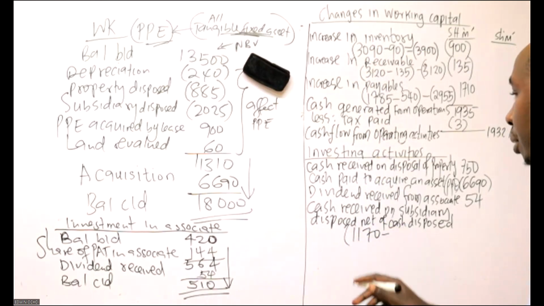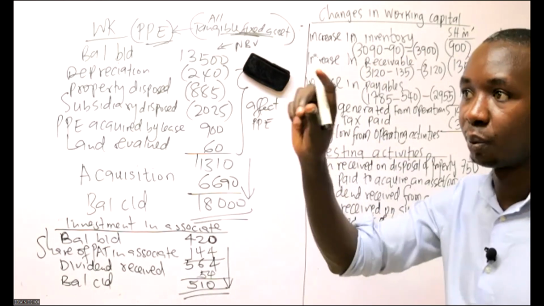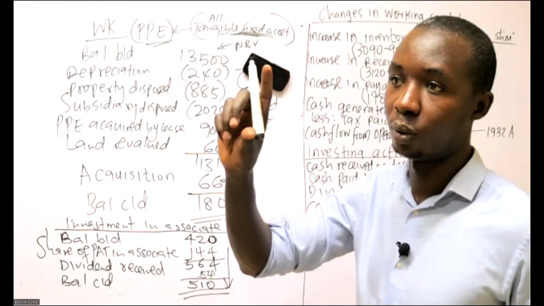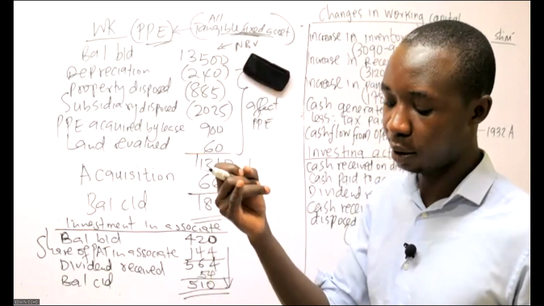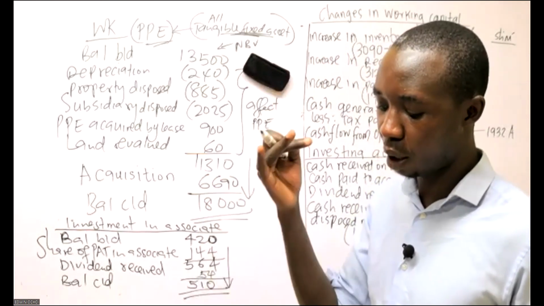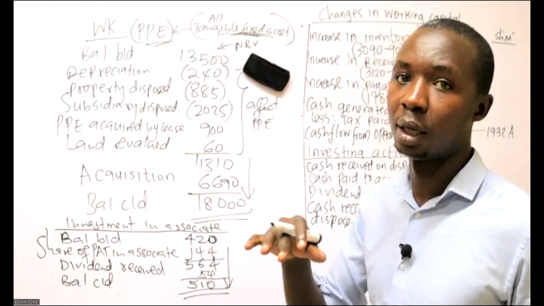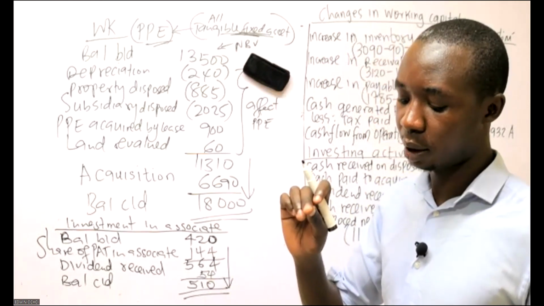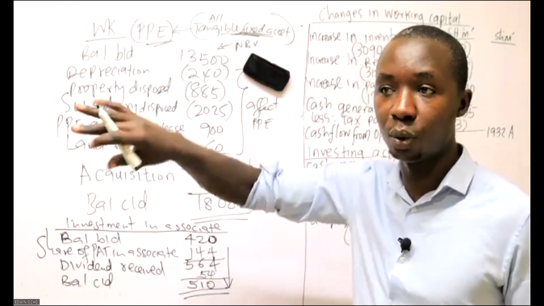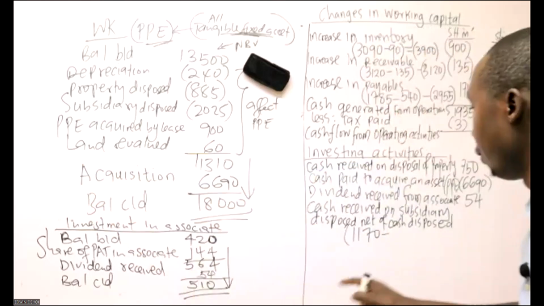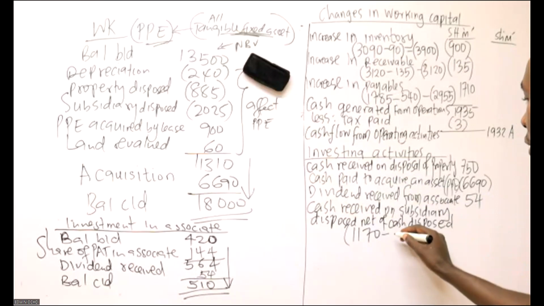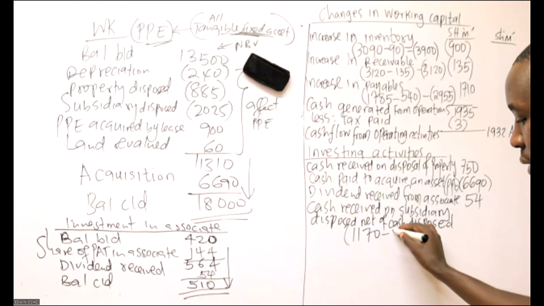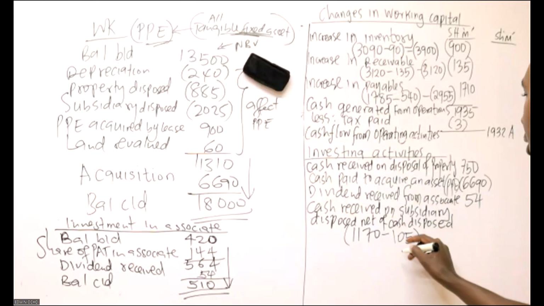So remember that when the subsidiary was disposed, there's a cash which is part of the net assets which it was disposed with. Because if you check in note 3, we have assets like PPE, inventory, receivable, cash and bank balance. So we need that cash. When it was disposed, there's a cash and bank balance of 105 which it was disposed with. So even if we received this, there's money which went out of 105. That is why I said net of cash disposed.